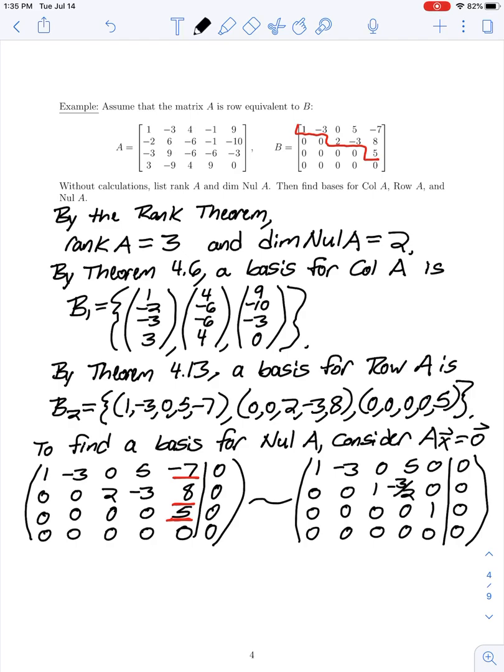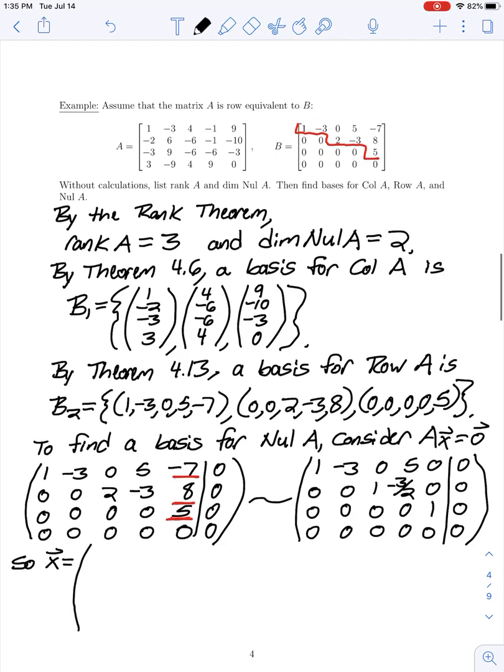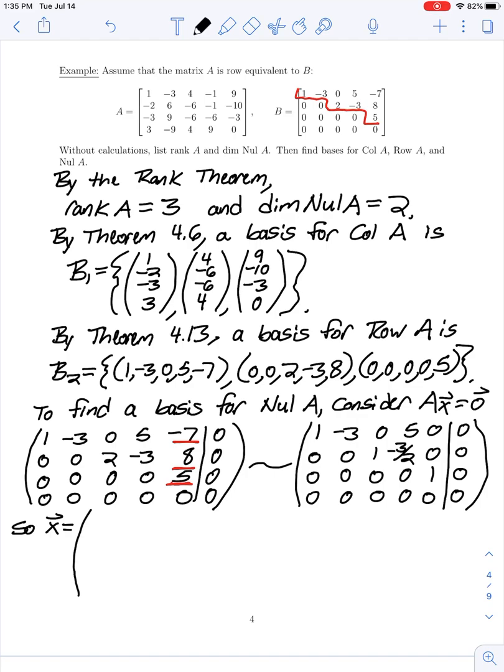All right. So now we can read off our solution set, which would be x equals the vector whose 5 entries are given by x1, which using the first row of this augmented matrix we can see is equal to 3x2 minus 5 times x4, where x2 is a free variable. X3, using our second row, is equal to 3/2 of x4, where x4 was a free variable.